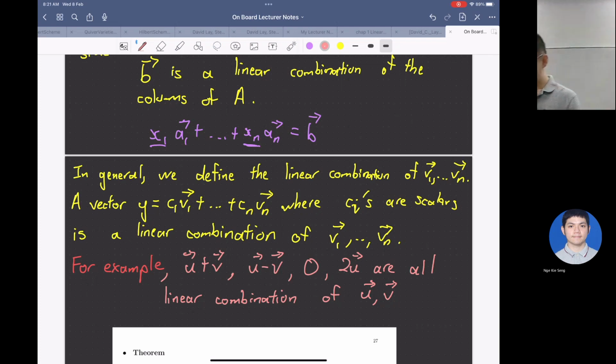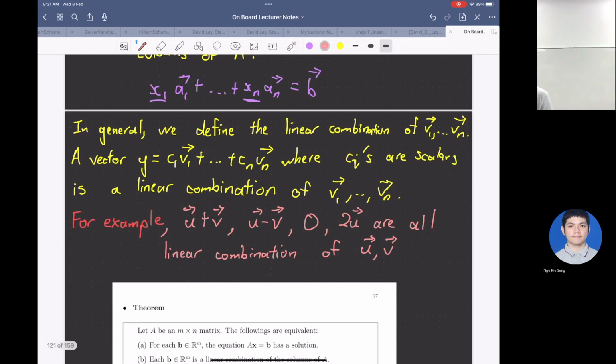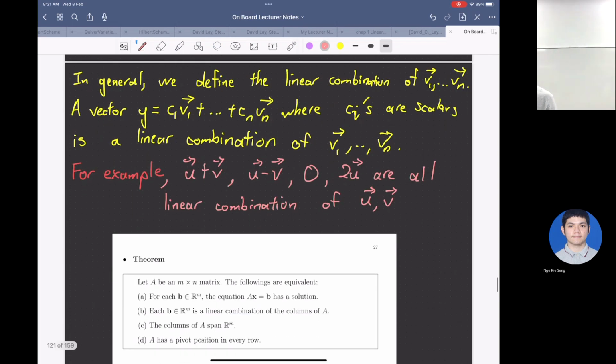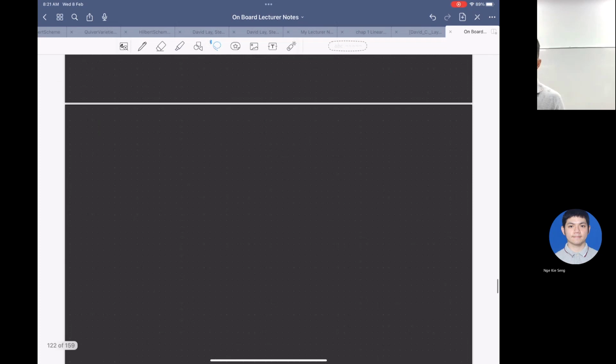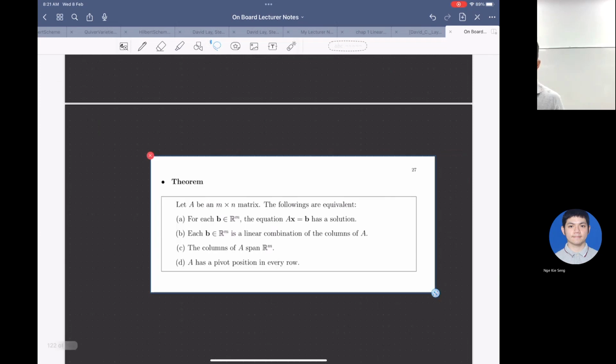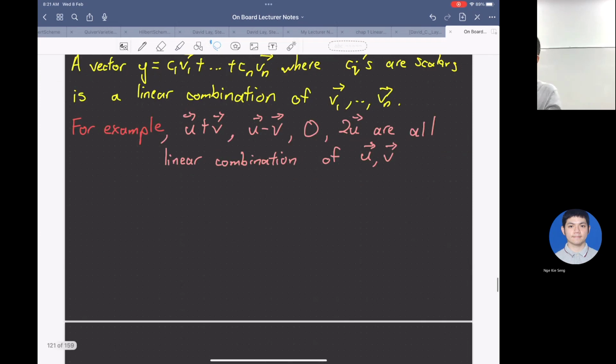You combine the vectors linearly. Since there are many different ways to form linear combinations, we can collect all of them together, and we call it a span.